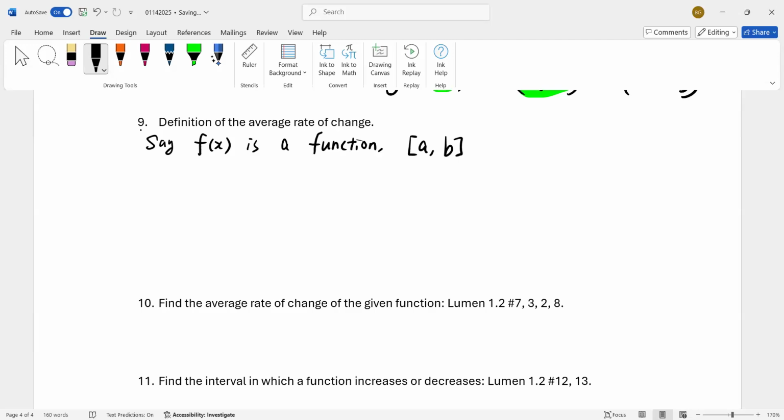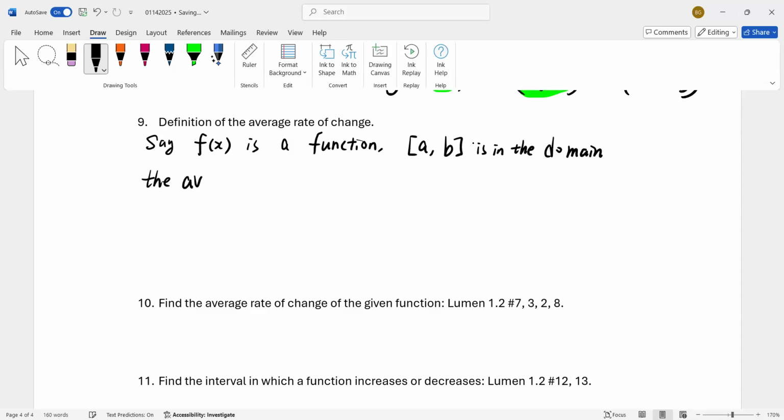You should have learned closed interval in algebra 2. So this is the real number line. If this is A, this is B. Closed interval is this interval including both endpoints. So let's say that interval is in the domain.